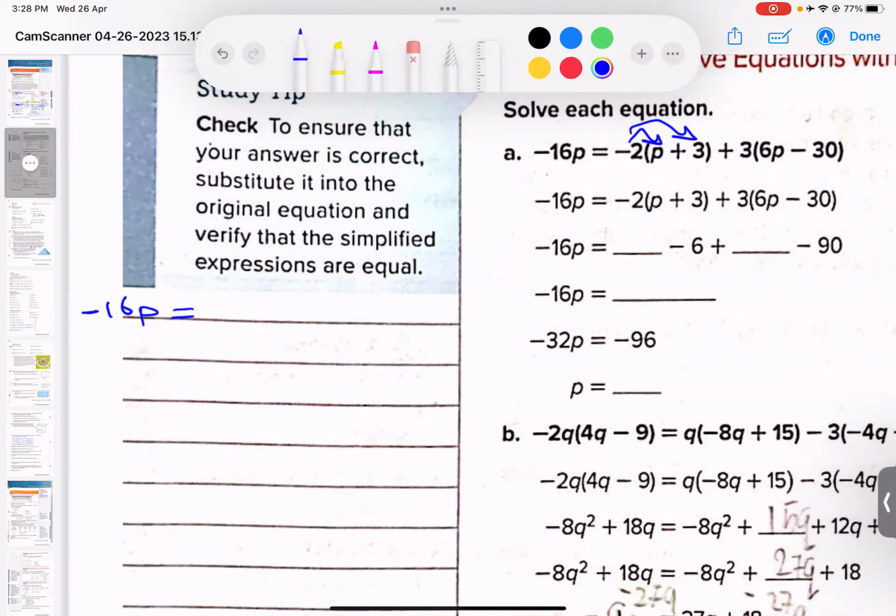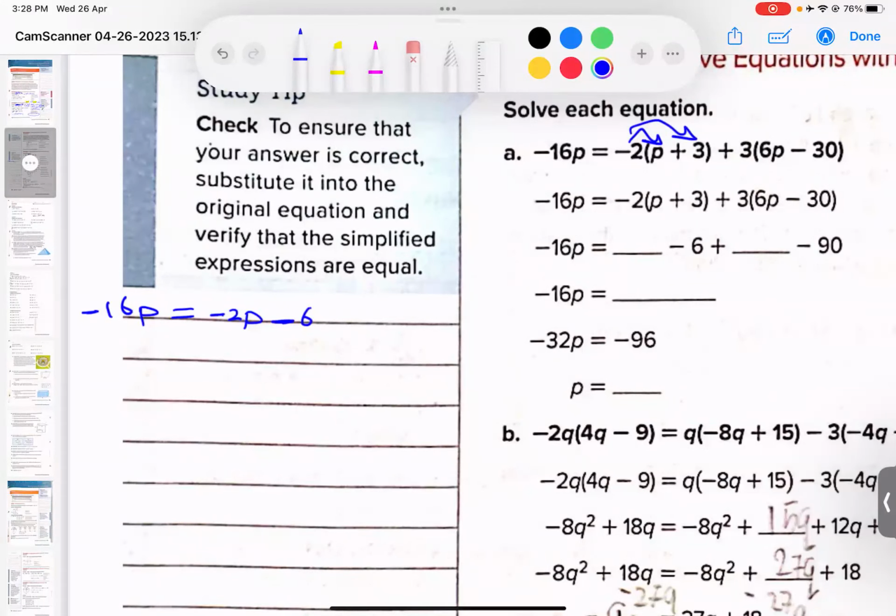Multiply -2 by p, so it's going to be -2p, and -2 times 3 is going to be -6. I'm done with the first. Let me do the same thing to the second part.